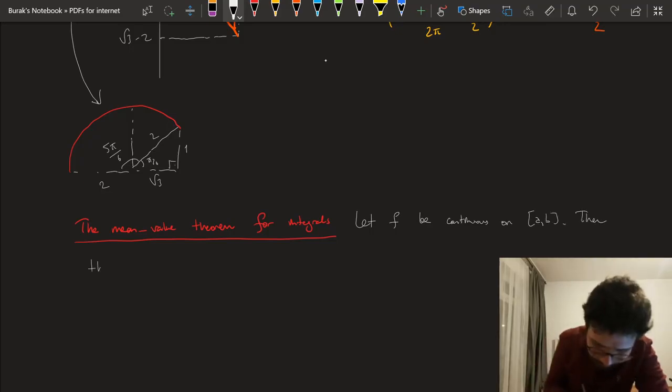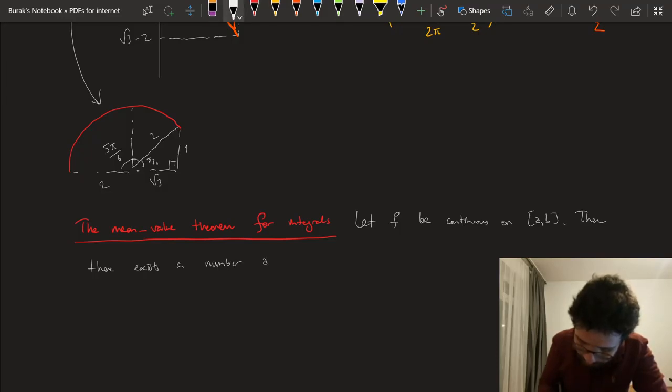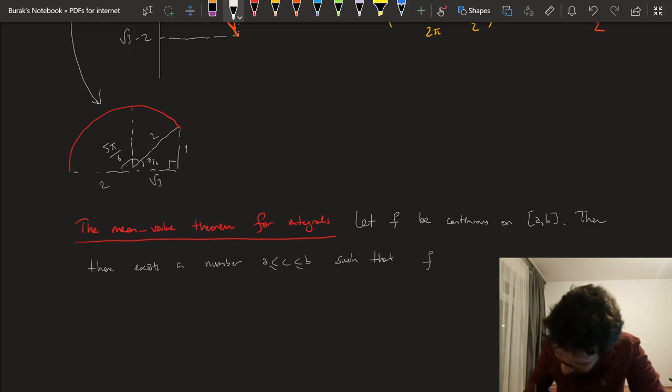Then there exists a number c between a and b such that f(c) is equal to the integral of f over [a, b] divided by b minus a.